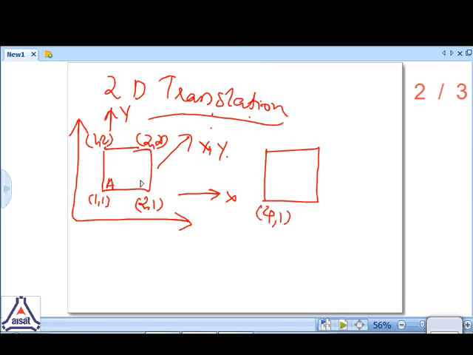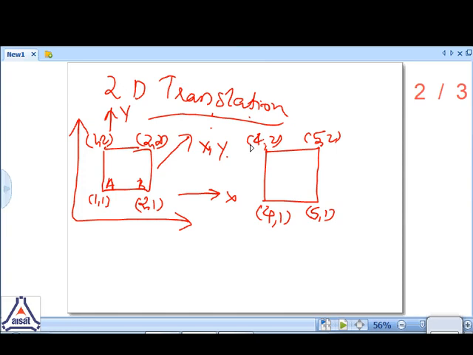Like that, the point B will shift from 2, 1 to 5, 1. And here it will be 5, 2, and it will be 4, 2. So in this method, we are shifting the square in x direction. The important thing is that only the x coordinates change and there is no change in y coordinates.